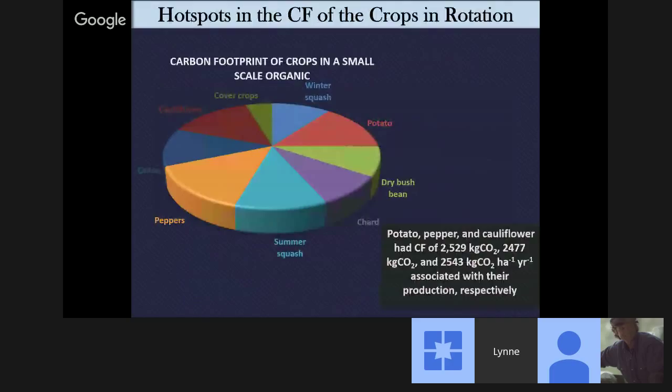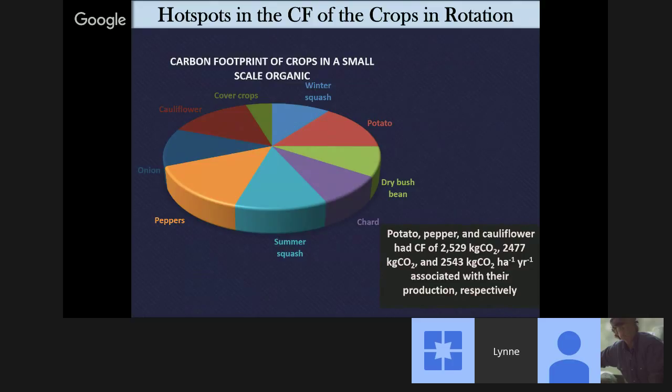So the first farm was a very small operation, I think about a 2-acre area was being modeled, and Cornelius has this information presented in a couple of different ways. You can, for instance, look at the crops individually.